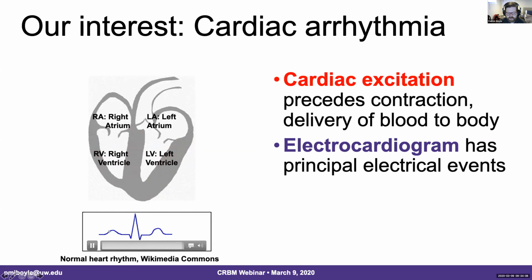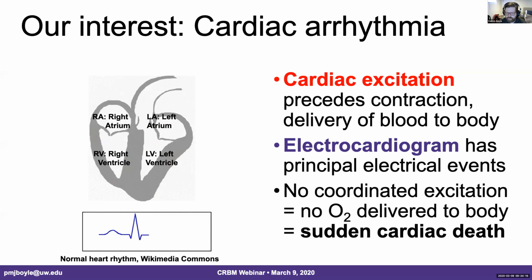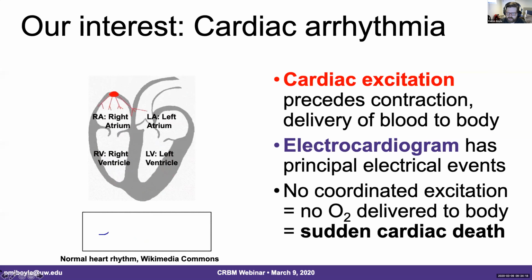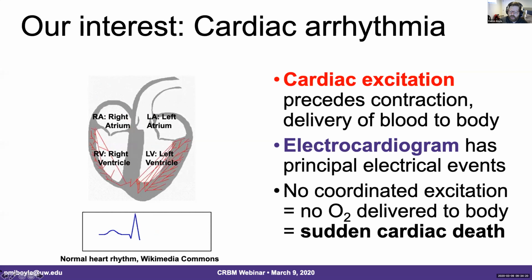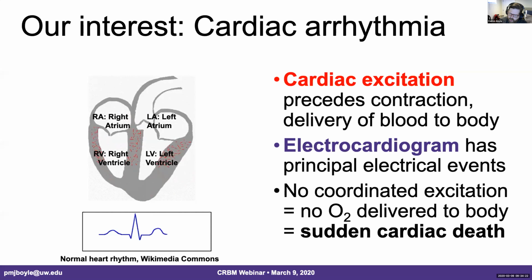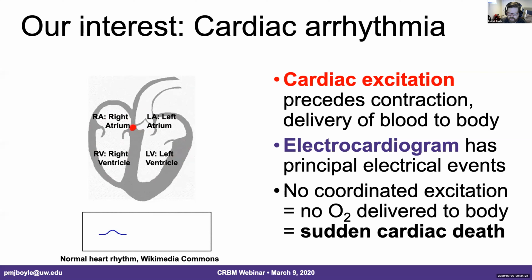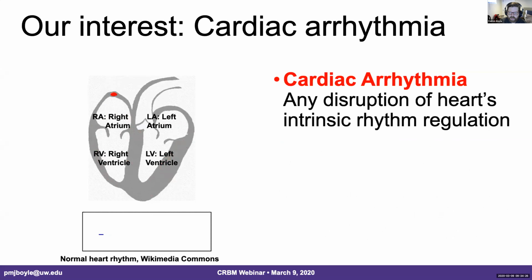Atrial depolarization in the P wave, ventricular depolarization in the QRS complex, and ventricular repolarization and relaxation in the T wave. If we lose this coordinated excitation, then the heart stops pumping, there's no oxygen delivered to the body, and you have sudden cardiac death within minutes.